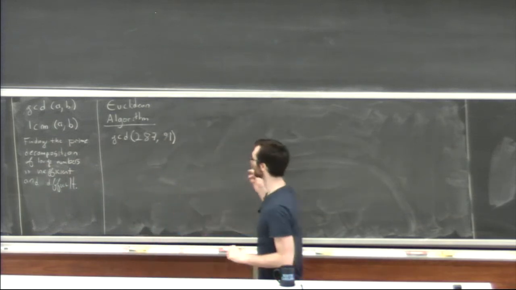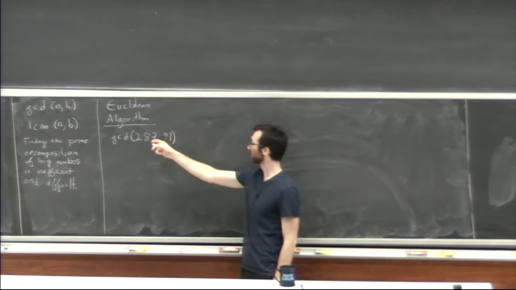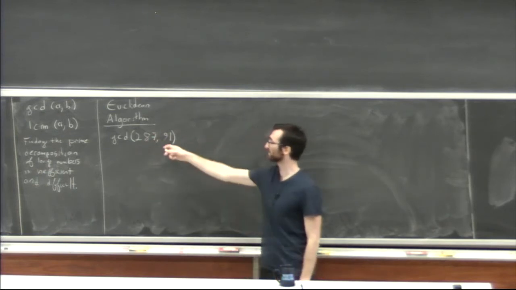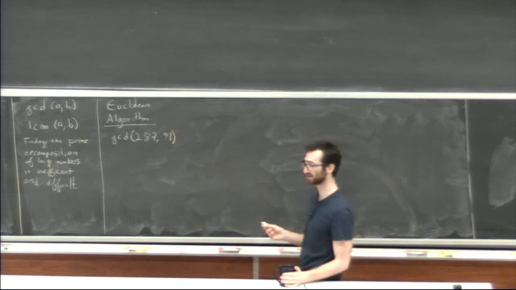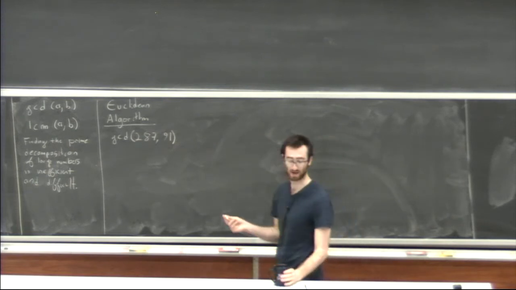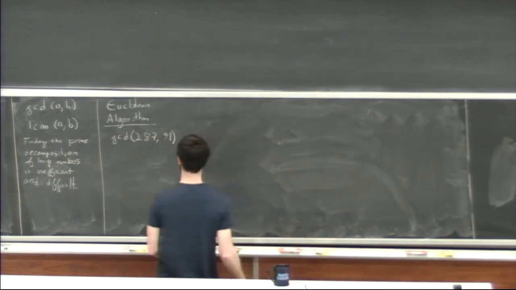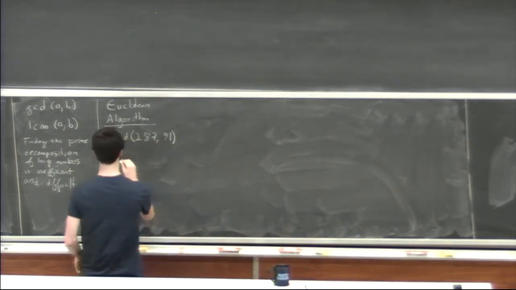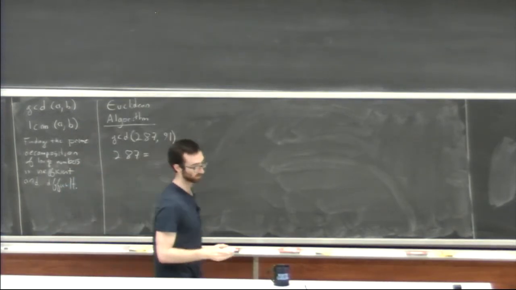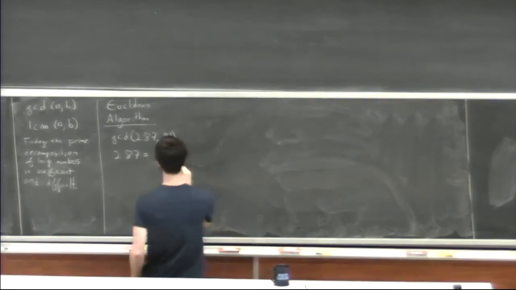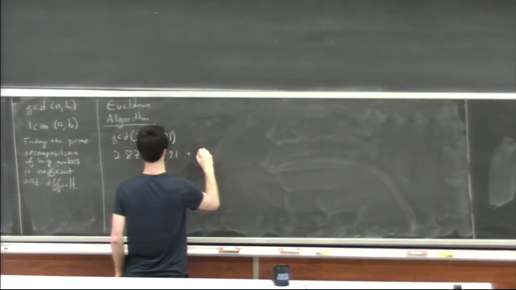I can try to divide with remainder 287 by 91. I know by the division algorithm that there is a unique way that I can write it. In particular, I end up with the following expression: 287 is equal to exactly 3 times 91 plus 14.